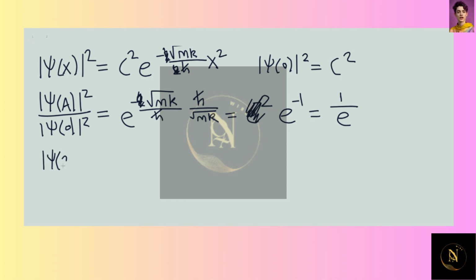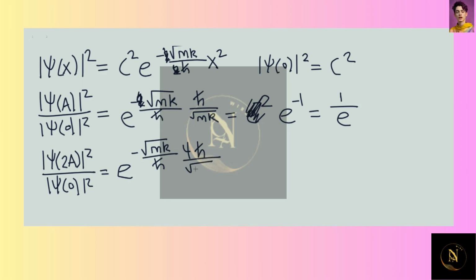Now for the psi 2A, it's going to be essentially the same thing. Dividing by the x equals 0 location just simply cancels out the c squared, and we are left with root mk h bar, except now we're going to have a 4 h bar root mk because we're squaring the 2.